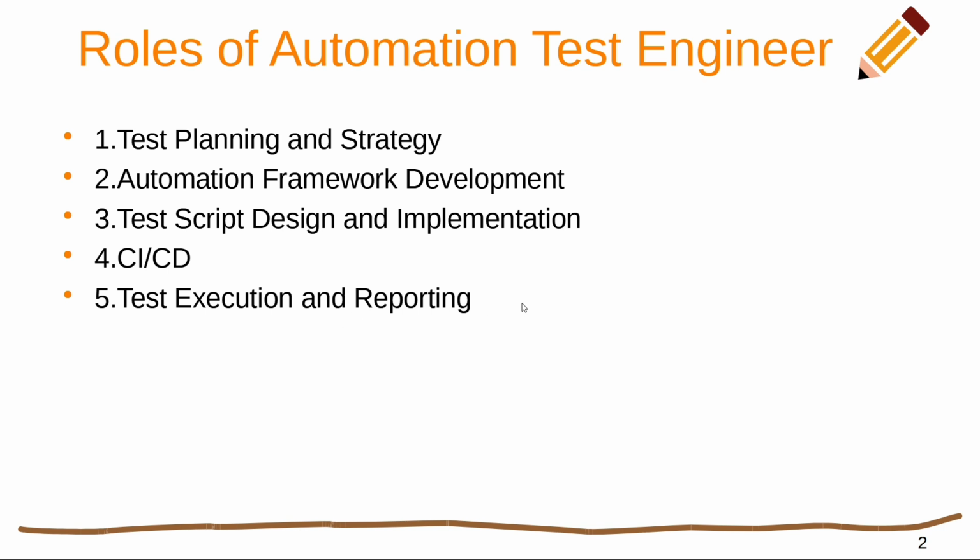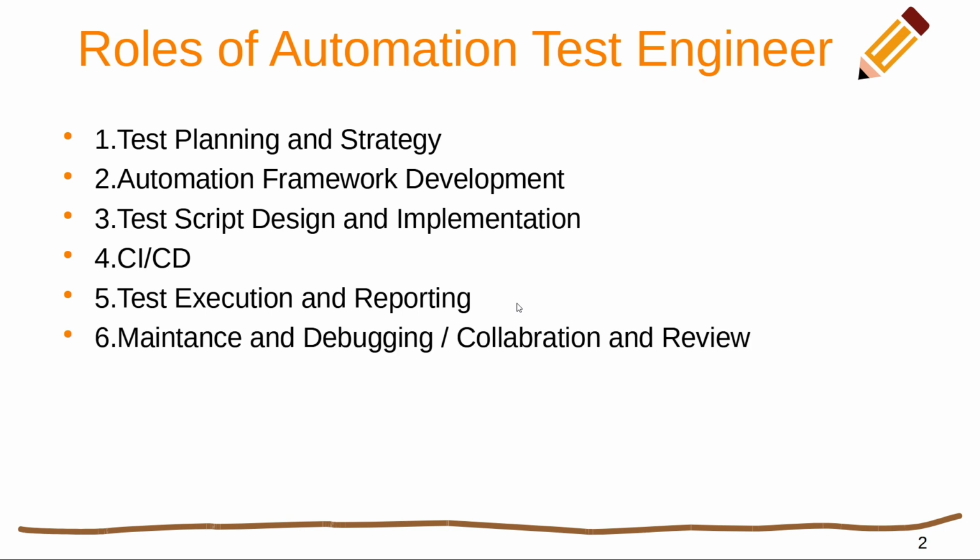Then the next stage is maintenance and debugging. Maintain scripts with changing UI elements, API responses, or business logic. We need to maintain UI scripts with changing UI elements. Then we need to debug failed test cases and update test data or locators whenever we get a failed test case. Then optimize scripts for speed and reliability.